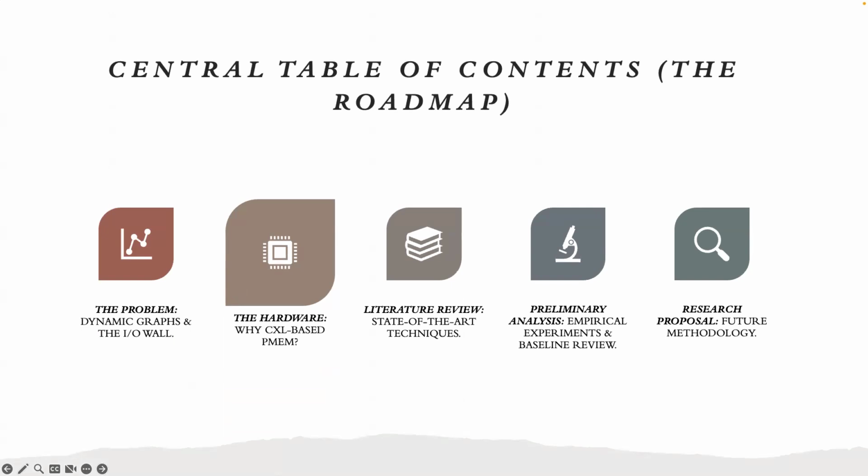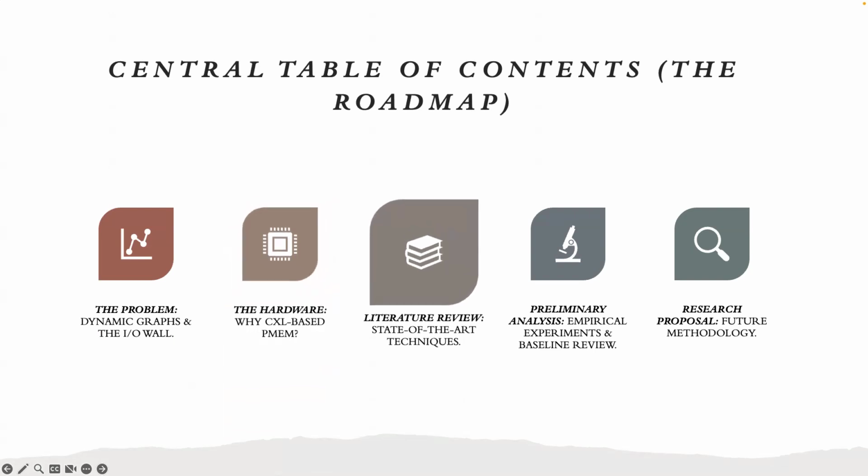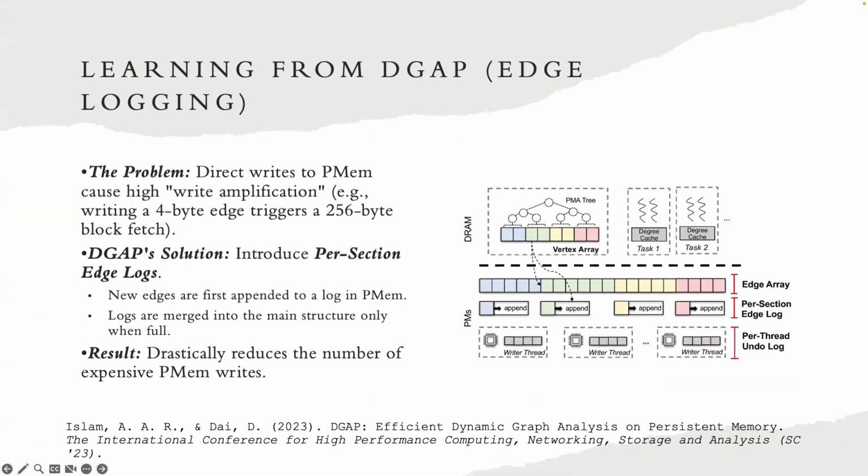Now let's dive into the papers and what we found. For this reading course, we analyzed some very great papers, and we saw a pattern in how we can get around the problems of persistent memories.